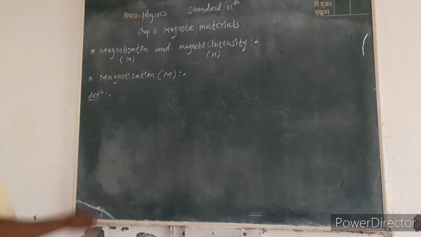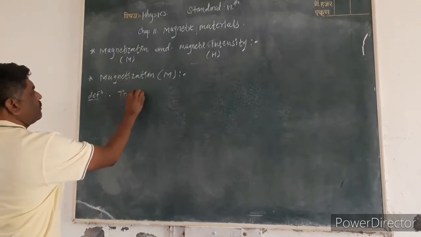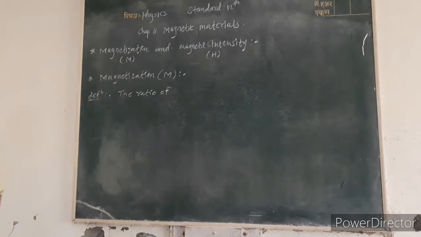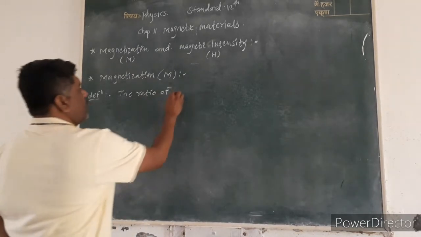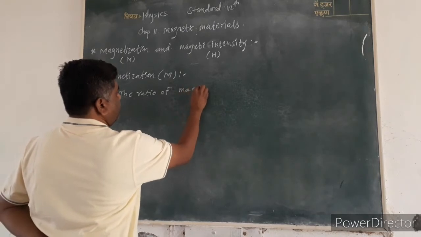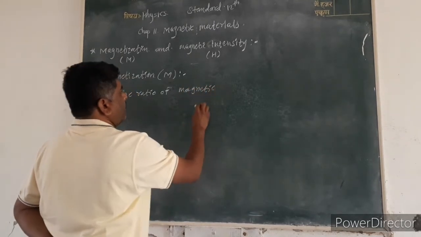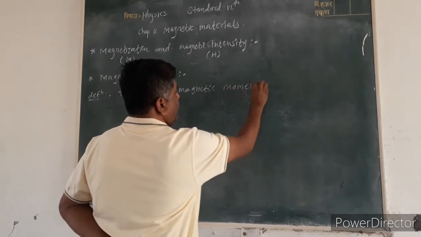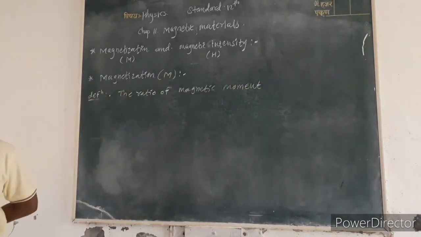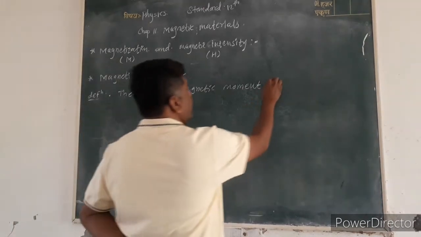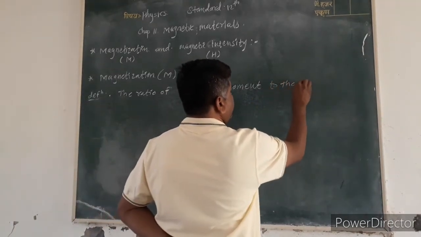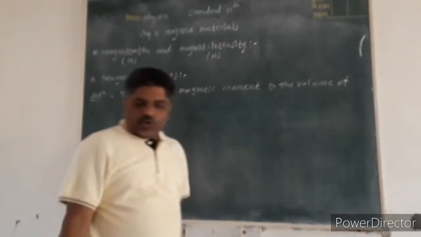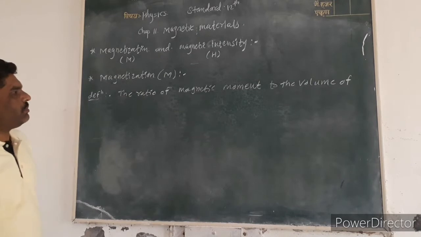Magnetization is the ratio of net magnetic moment to the volume of the material.